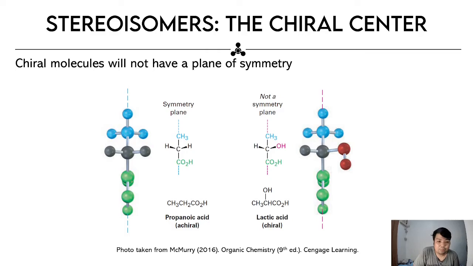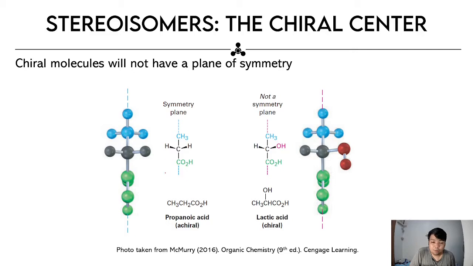So for example, here in propanoic acid, if you place a plane of symmetry going through this atom here, you see the left side is symmetrical to the right side. Now, in lactic acid, on the other hand, since we have one OH group on the right, but a hydrogen substituent on the left, when you place a plane of symmetry, the left side will not look the same as the right side.